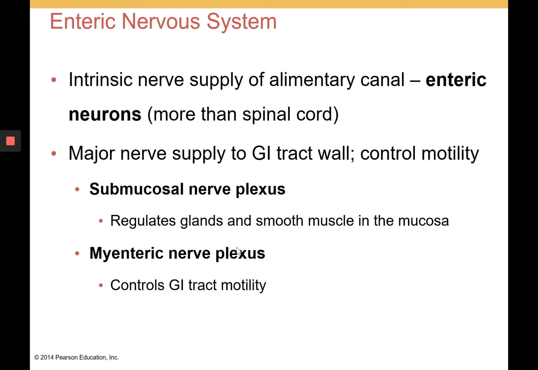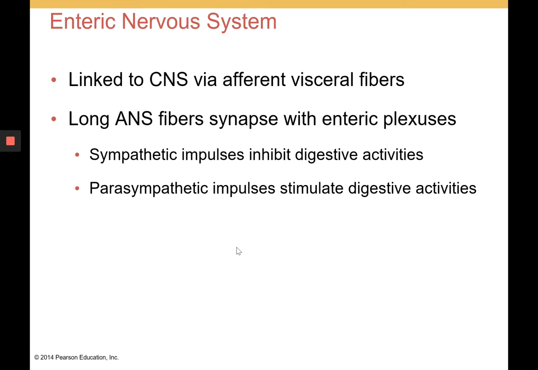The submucosal nerve plexus is regulating gland secretion and smooth muscle contraction in the mucosa, whereas the myenteric nerve plexus, located between the longitudinal and circular layers of the muscularis externa, is controlling GI tract motility. So the myenteric nerve plexus is able to control things like peristalsis and segmentation. The enteric nervous system is linked to the central nervous system via afferent visceral fibers.